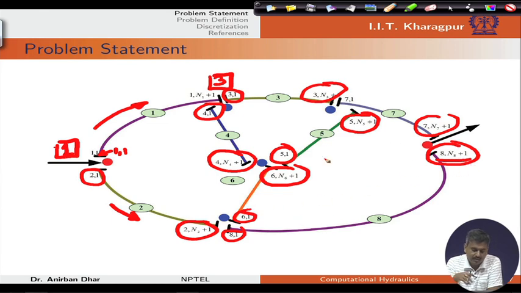So, these are the starting and ending nodes, and this is a discretization convention because we are starting with a positive flow.